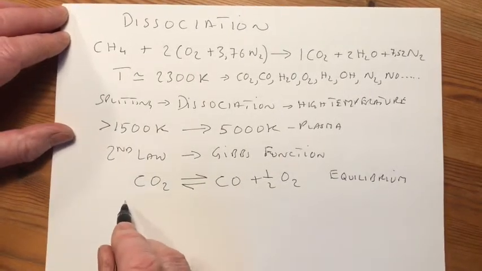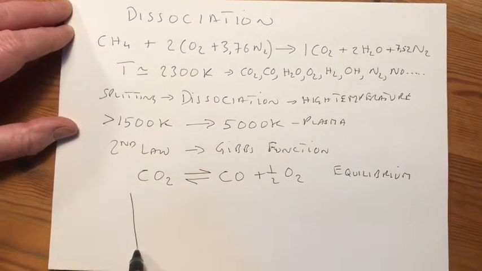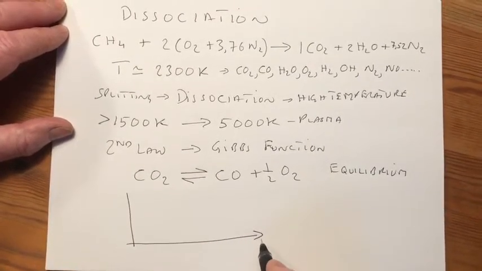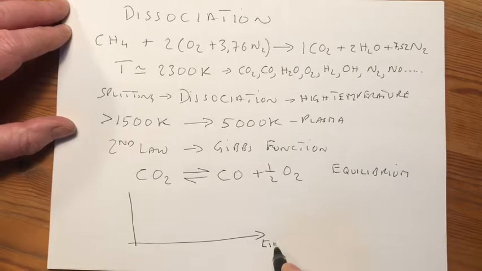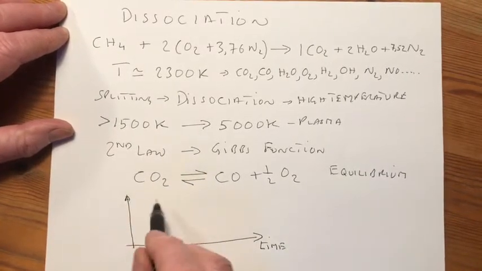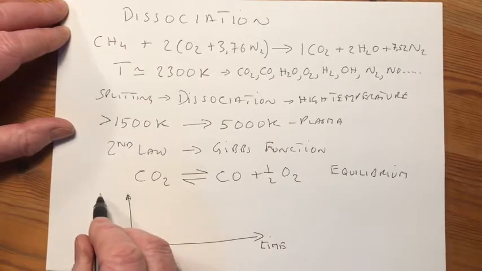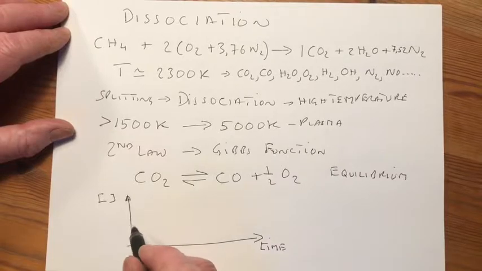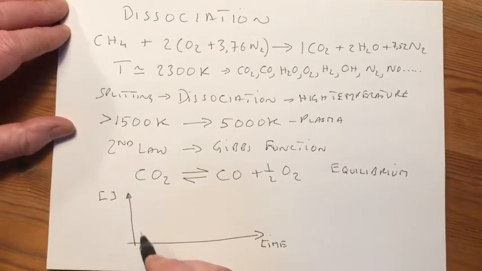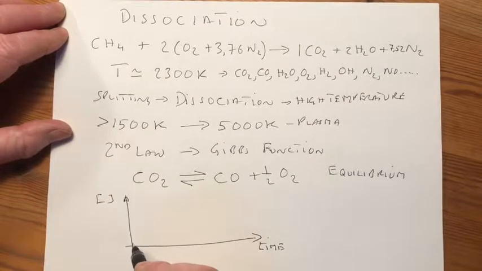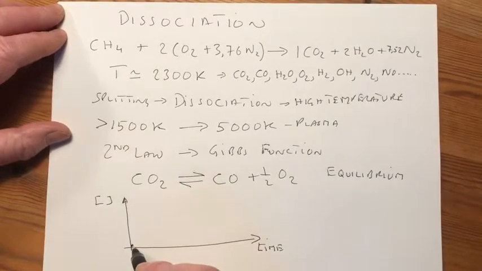So if we make a very simple graph of what's occurring over time, of say some sort of component. So we have some sort of a component here, which could be CO2. If we look at what's happening, the CO2 will be formed. We start up at 0.